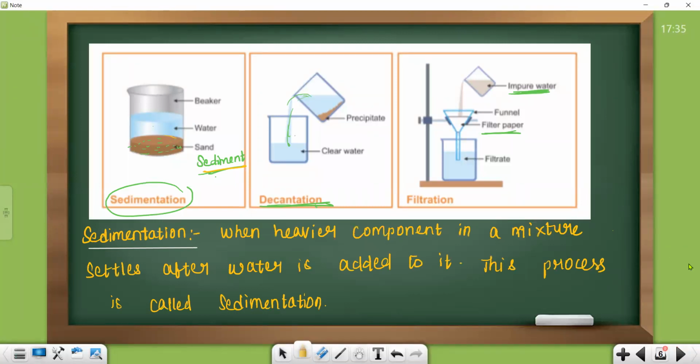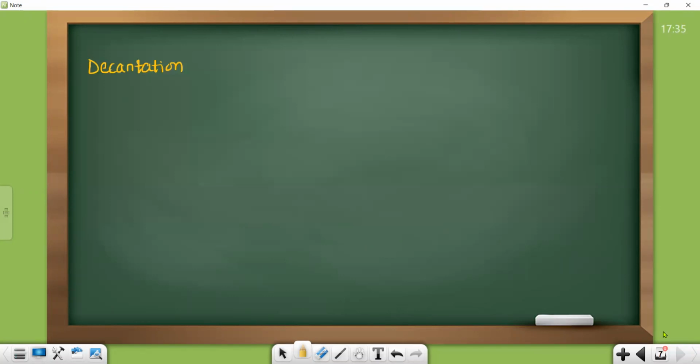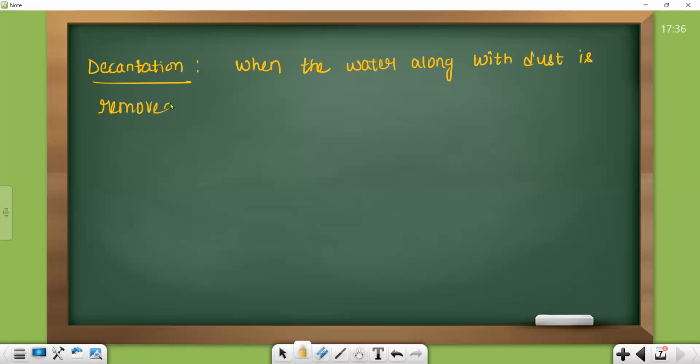You have to keep in your mind that in the decantation process, we are separating the water along with the dust, and we are not using any kind of medium to separate it. So when the water along with dust is removed, the process is called decantation.